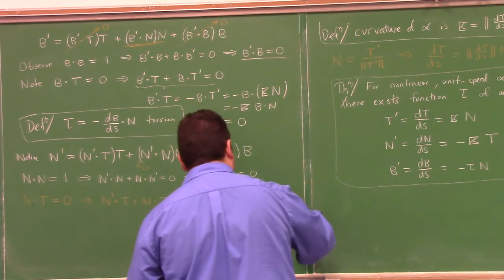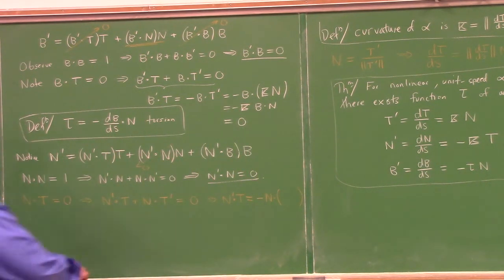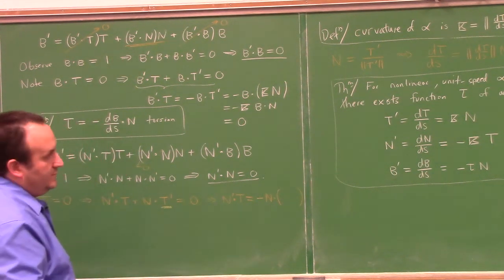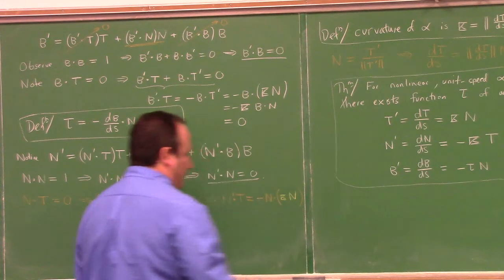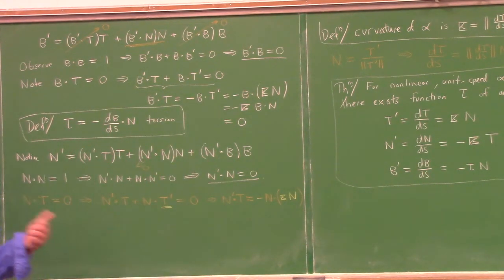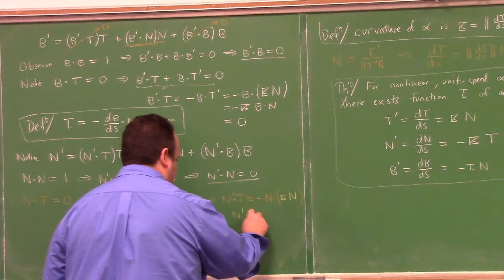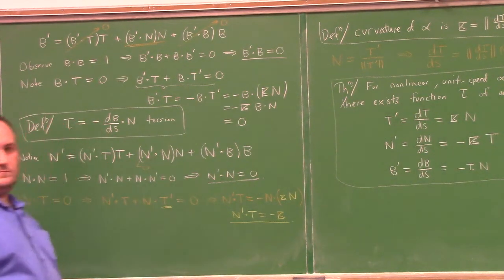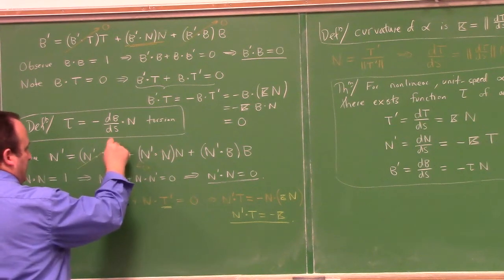What was t prime, though? T prime is kappa n, right? So the kappa pulls out, it's a scalar function generally, but it pulls out, we get n dot n, which is 1. So this gives us n prime dot t is minus kappa. All right. So n prime dot t is apparently minus kappa.